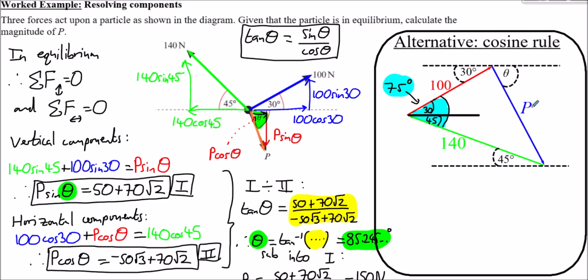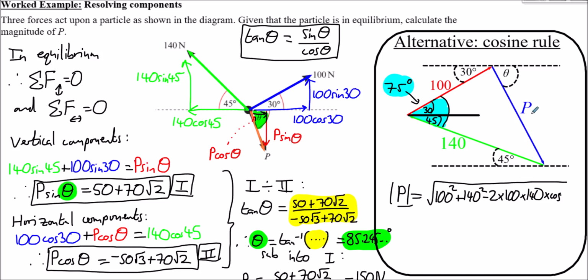So I can now use the cosine rule to calculate the magnitude of P. So magnitude of P is the square root of that side squared plus that side squared, 100 squared plus 140 squared, minus 2 lots of the product of those two sides, multiplied by cos of the angle opposite to P, which we can see is 75.